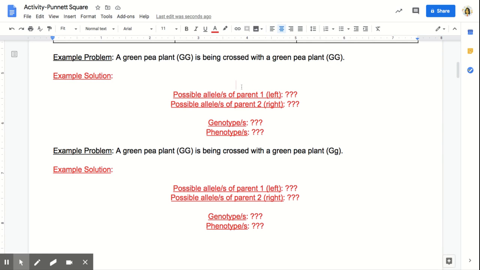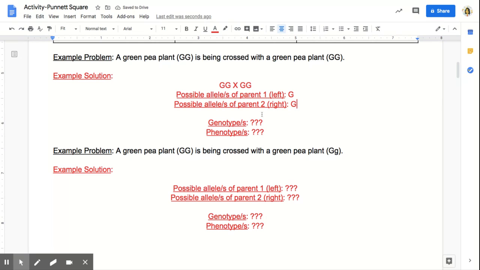So it's homozygous dominant being crossed with another homozygous dominant. So the possible allele of parent 1, parent 1 is on the left. Since there's only one type of allele, the possible allele is just the dominant allele. For parent 2, it's the same thing. It's also a dominant allele.